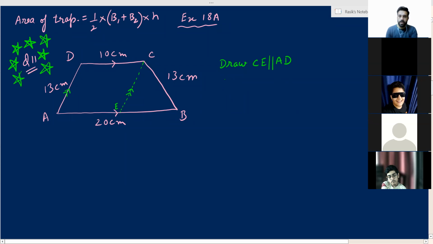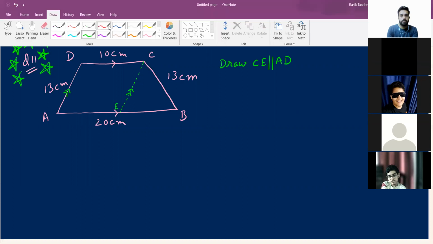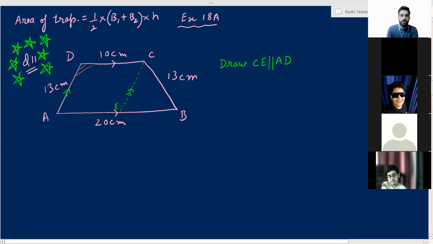So how can we get the height of the trapezium with this? Look at the figure AECD now. AECD. Let me shade it. I'm shading it with the orange color. AECD.